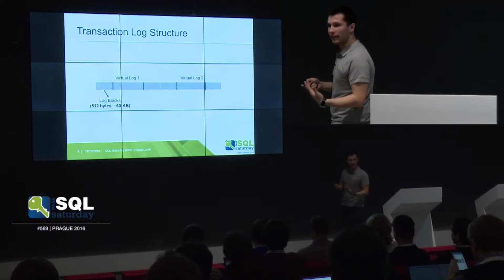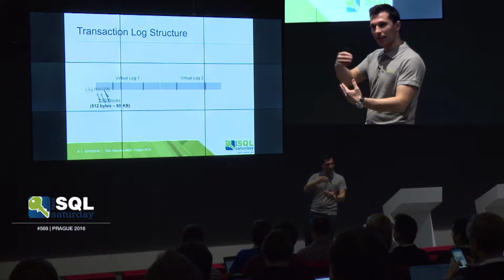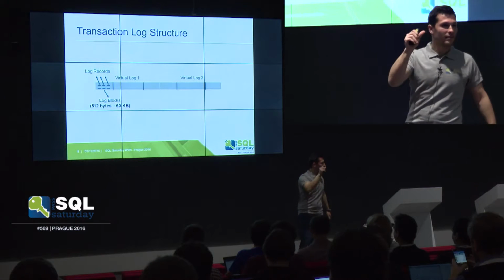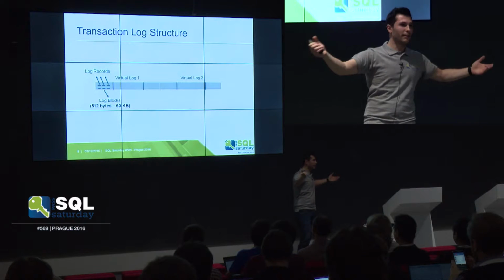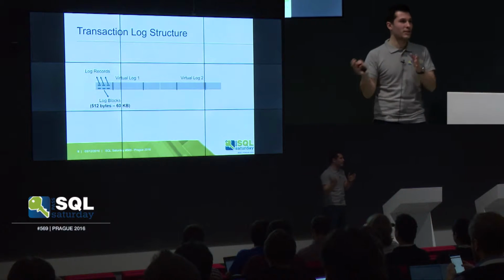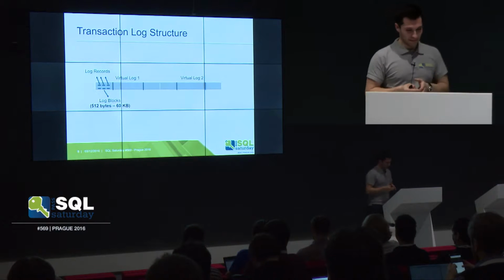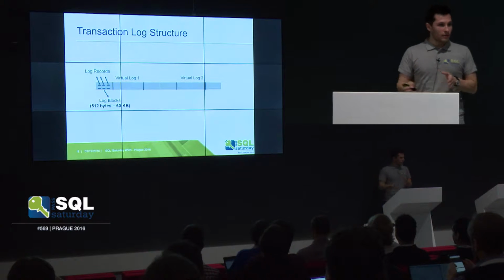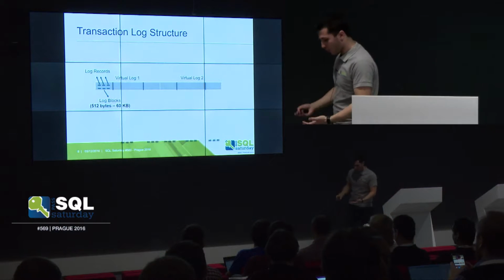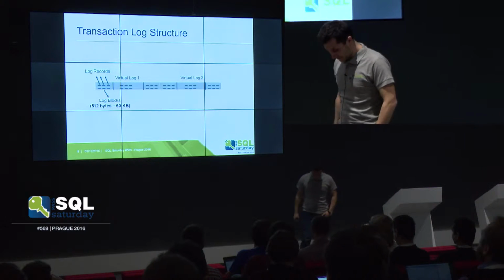They are just containers for the walk records. Inside these walk blocks, we have walk records. Each walk record is representing a single change in our database. You can imagine it as insert, delete, update operations you are doing against your database. As time goes, SQL Server is filling the walk blocks and the other virtual walk files with walk records.